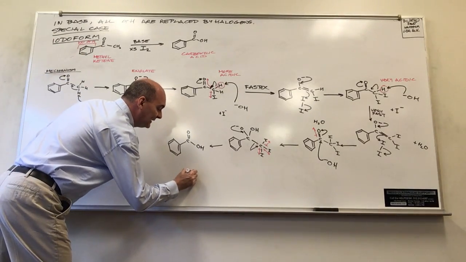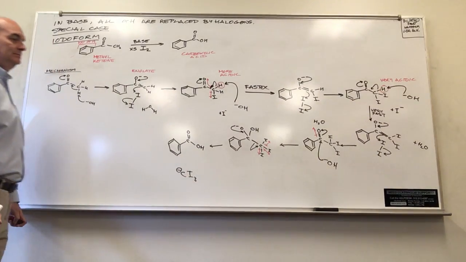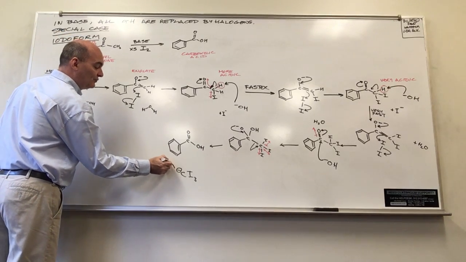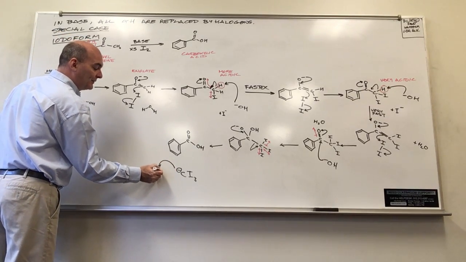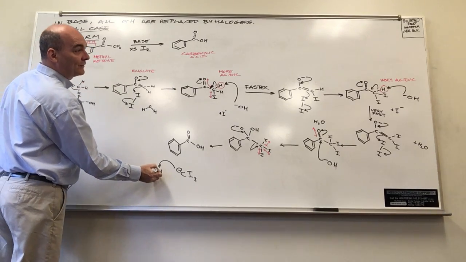That leaves CI3 with a negative charge. And that negative charge reaches out and grabs hold of something. What have they got that's floating around?